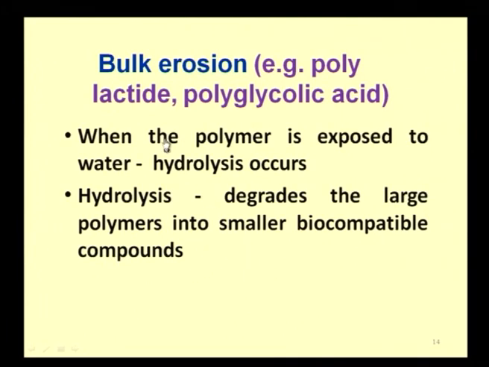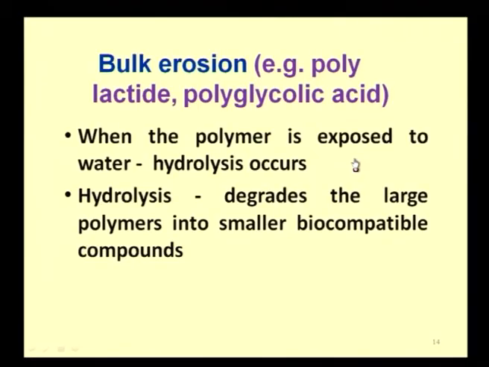Now, what about bulk erosion? There are a few examples of polymers like polylactides, polyglycolic acids, or PLA, PGA, and the copolymers of PLA and PGA. All these kinds of biodegradable polymers are very well used for the bulk erosion process.